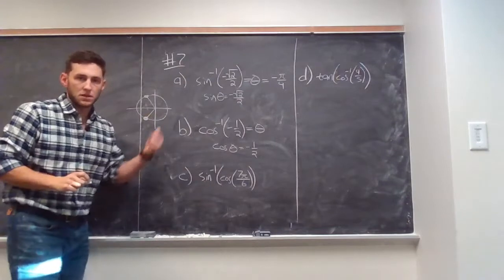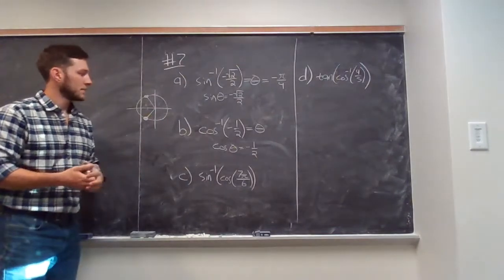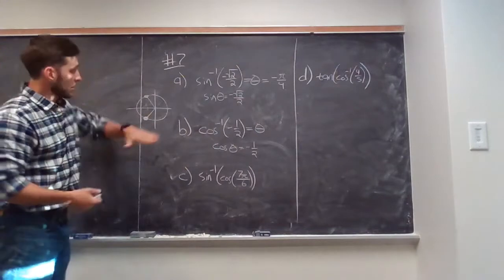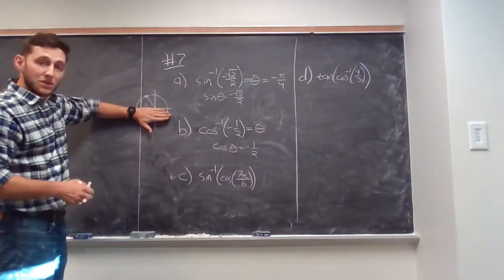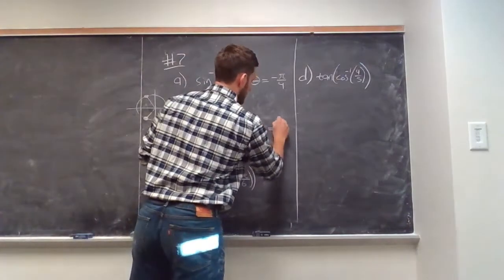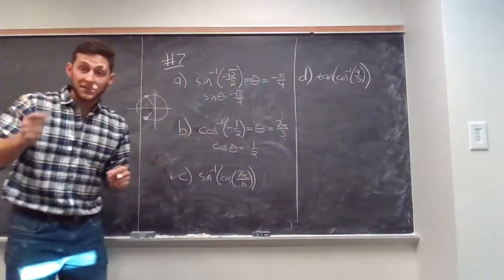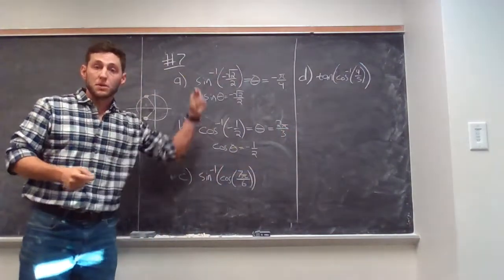And yes, I know that's like a unit egg, but I'm not good at art. Remembering the range of inverse cosine being the upper half of the unit circle, we pick this angle, which will be 2 pi over 3. So the range of inverse cosine is from 0 to pi.